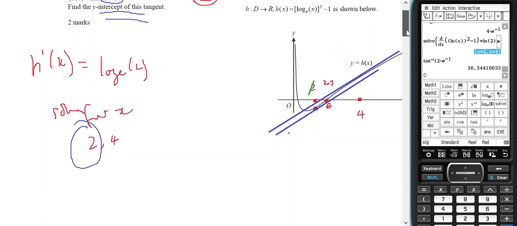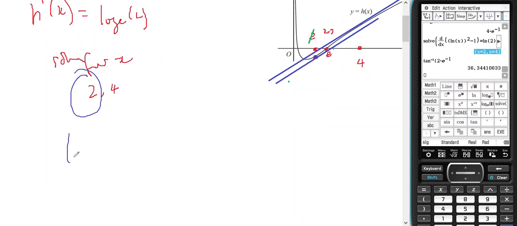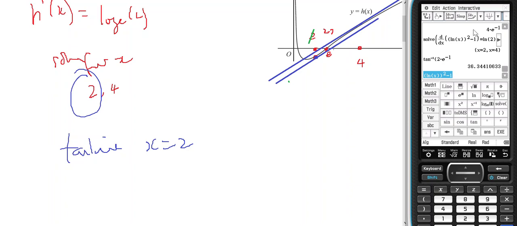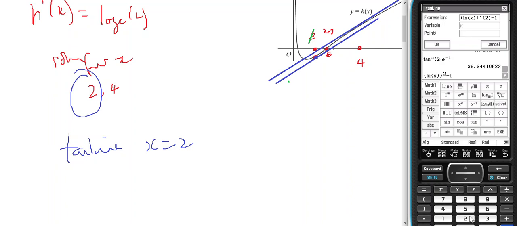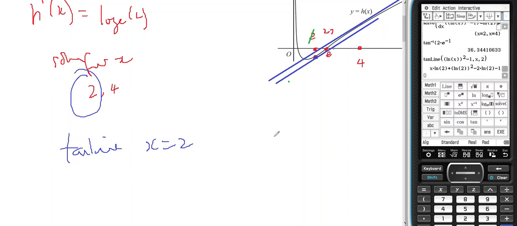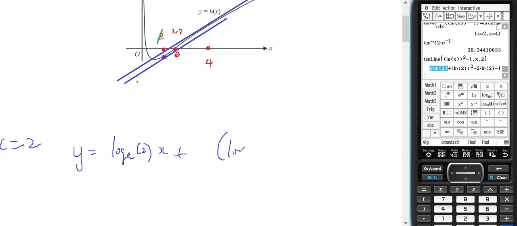Find the y-intercept of this tangent. So what I'd like to do now is to do a tan line at x equals 2 of this expression here, h of x. So interactive calculation, tan line at x equals 2, which gives me that expression there, which is y equals, the only thing that's got an x is that, so log base e of 2 times x, then plus log base e of 2 squared minus 2 log base e of 2 minus 1.